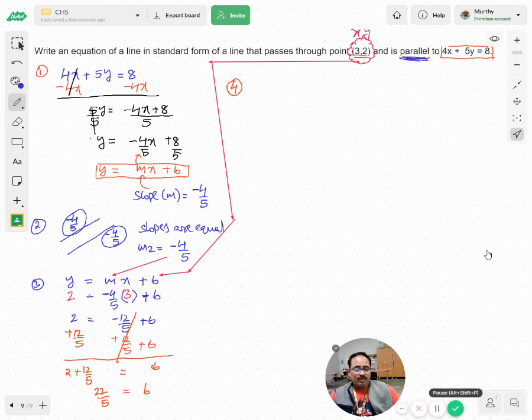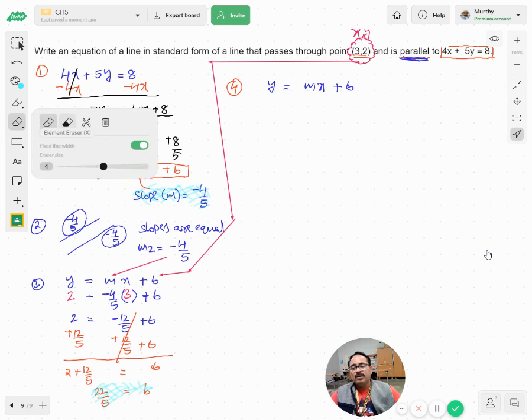In step 4, again I am writing y equals mx plus b, and whatever the slope value I got in step 1, that value I have to take, and whatever the y-intercept value I got, that is to be plugged in here.